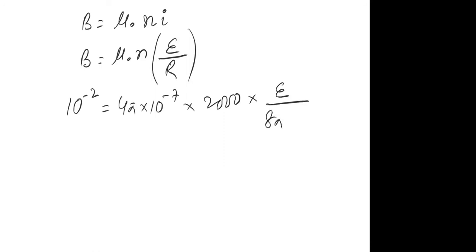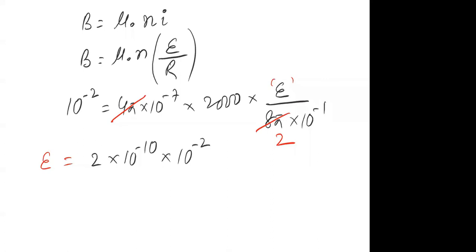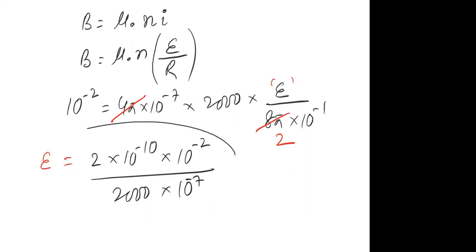Resistance is 8 pi into 10 to the power minus 1. Can you find this E from this data now? E will be 4 pi over 8 pi, which becomes 2 in the denominator. E will be equal to 2 into 10 to the power minus 1 multiplied by 10 to the power minus 2, divided by 2000 into 10 to the power minus 7. Whatever you get from this will be your final result. This is how we will solve these kinds of questions.